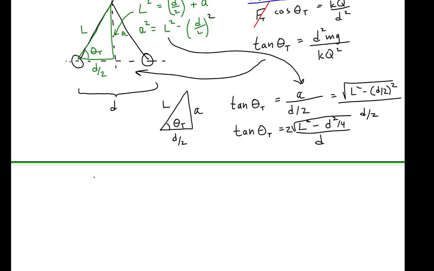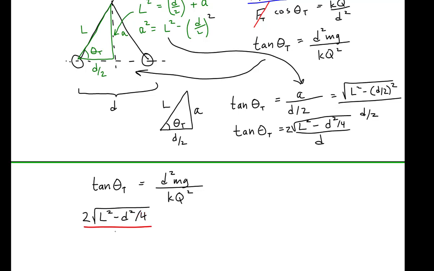Remember we said the tangent of theta t is equal to d squared mg over kq squared. Tangent of theta t, we just found, is equal to 2 times the square root of L squared minus d squared over 4, over d, and that is equal to d squared mg over kq squared.